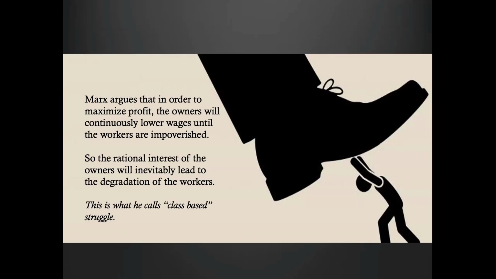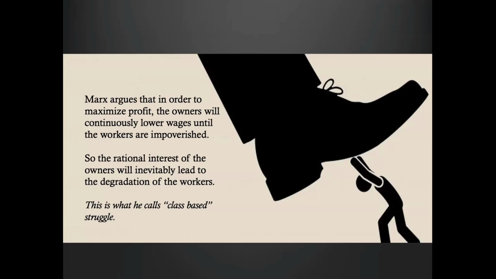Now, Marx argues that in order to maximize profit, the owners will continuously lower wages until the workers are impoverished. And this is not something that the owners do even intentionally. This is just as capitalists compete against each other. This is just the mechanism of the market forcing the owners of capital to pay lower and lower wages.